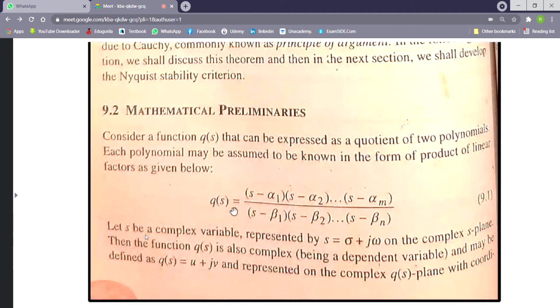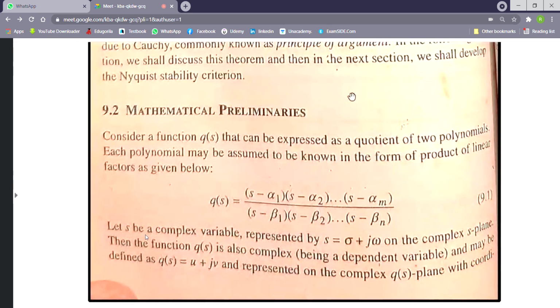Yes, ma'am. Okay, fine. So we do have a plane which is our S plane. We are familiar with that plane, and the axes are labeled as sigma and j omega.